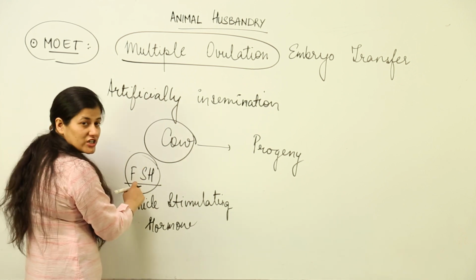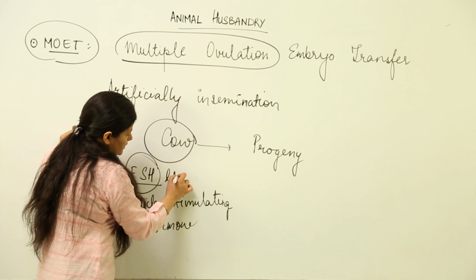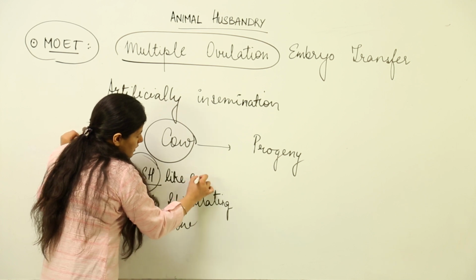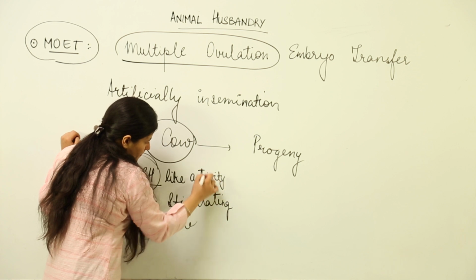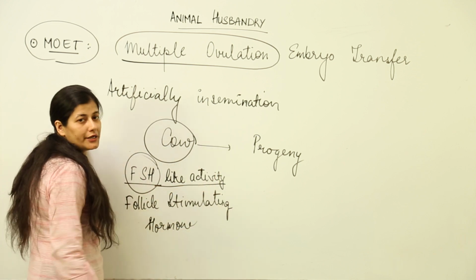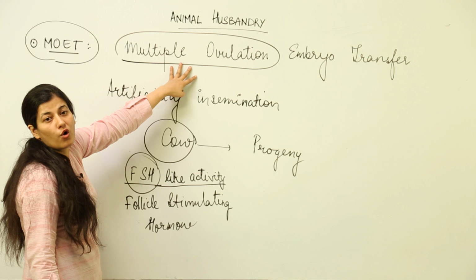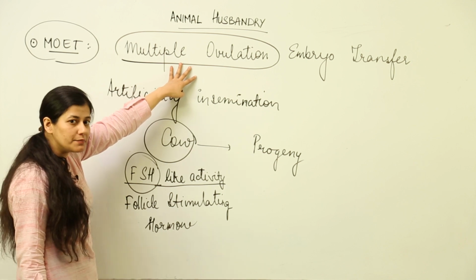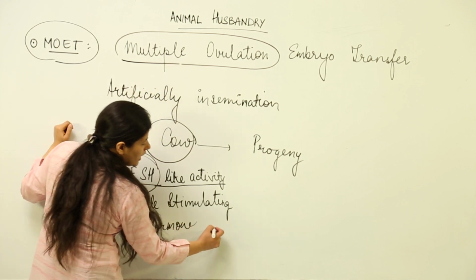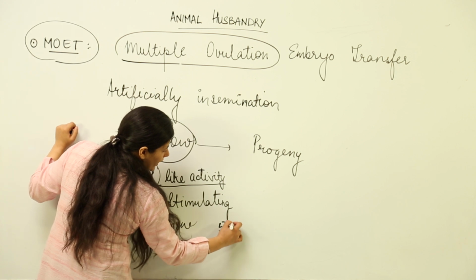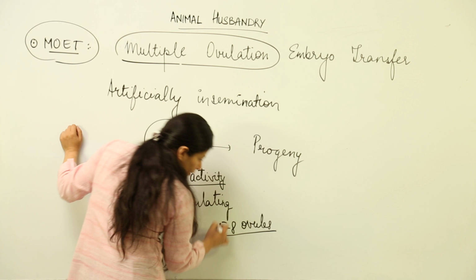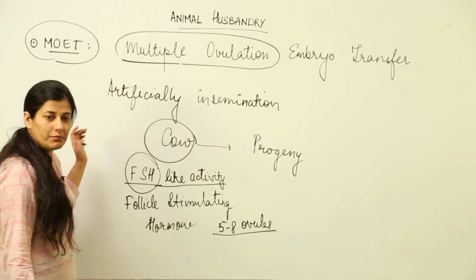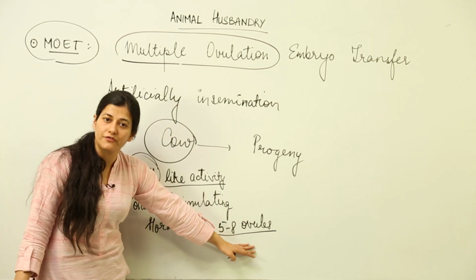Now this hormone which has FSH-like activity enables the cow to undergo multiple ovulations. Now when there are multiple ovulations, there are 5 to 8 ovules being produced inside the female, the ovules which are ready to be fertilized.